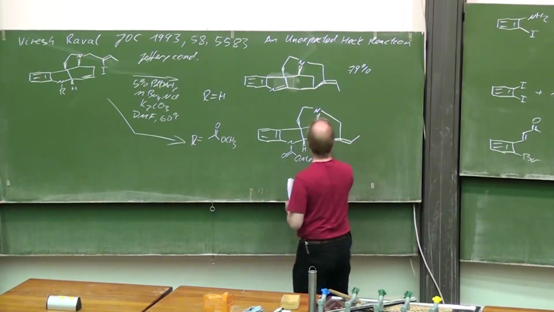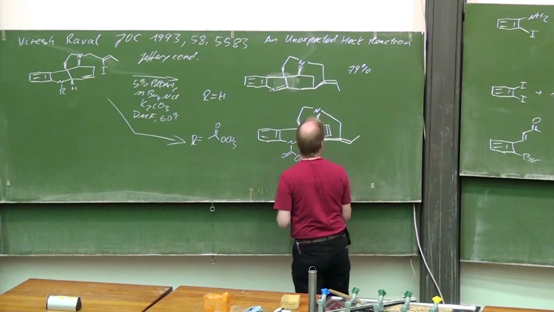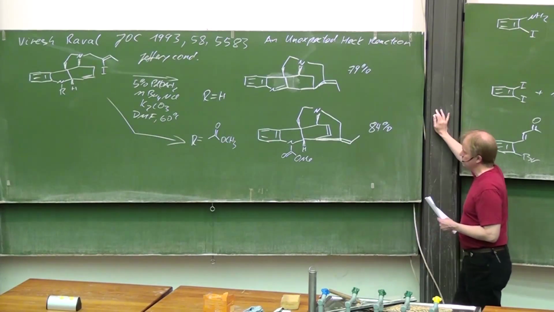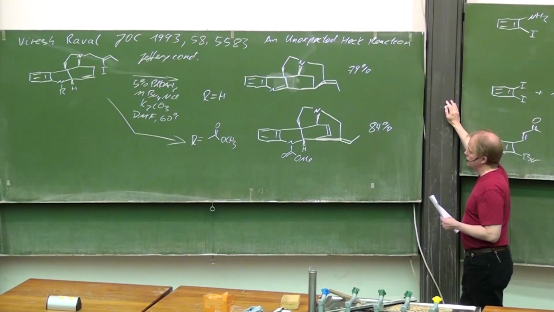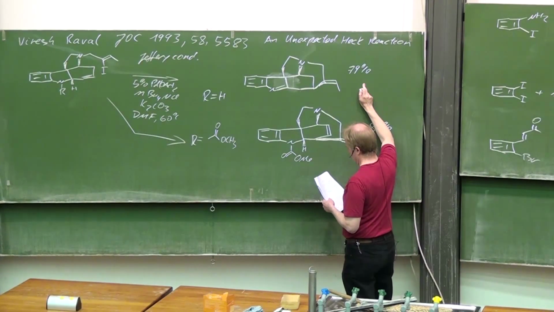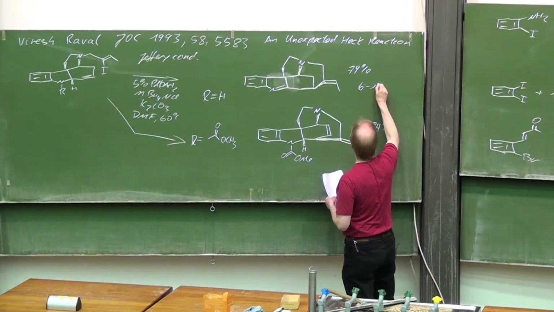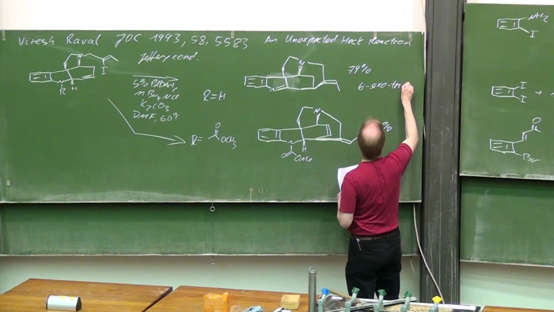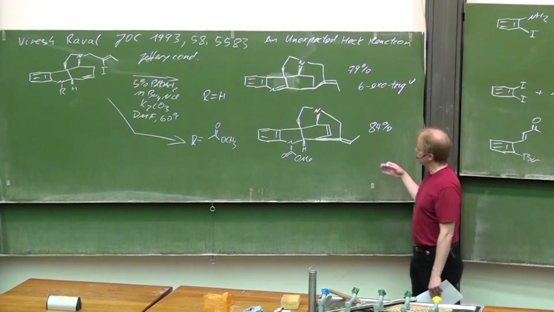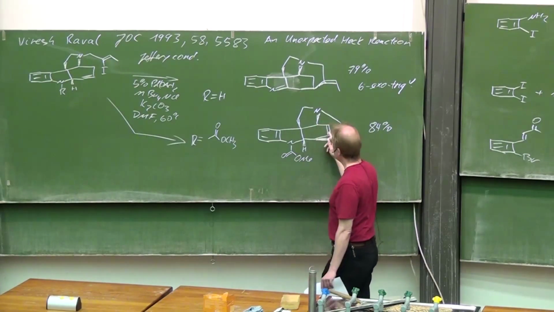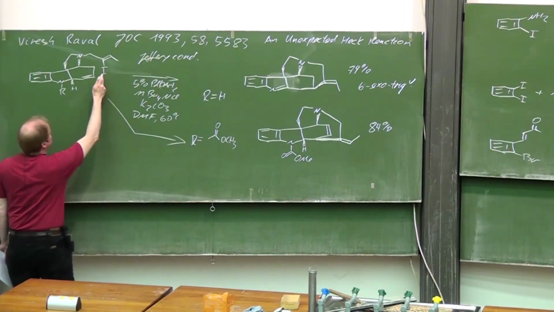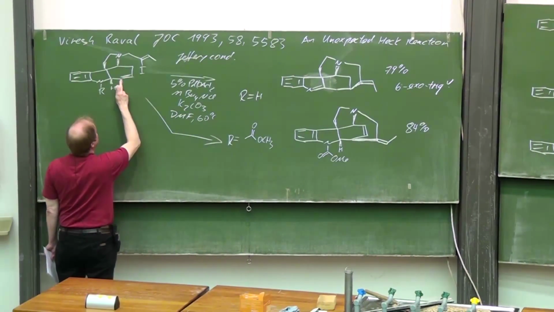This one. Isolated with 84% yield. So remember, this was a 6-exo-trig cyclization. And at first glimpse we should assume, well, the double bond is there, CC bond formation took place from this position to that one.